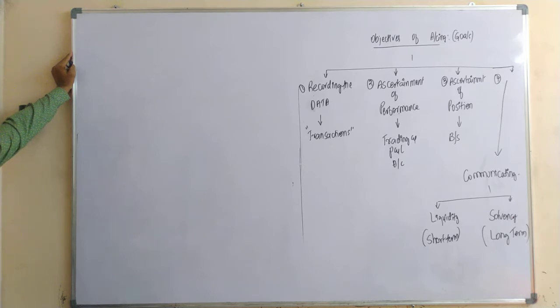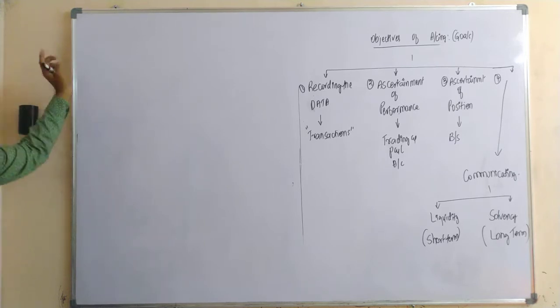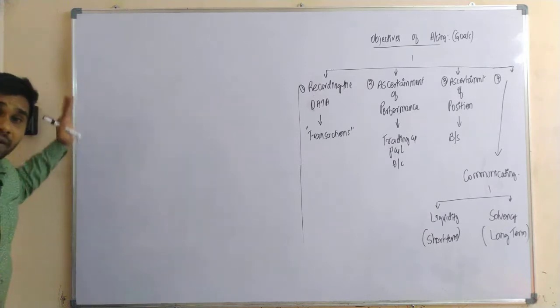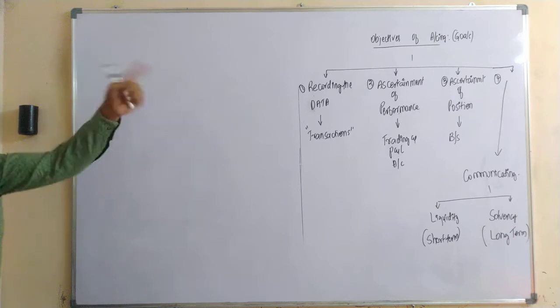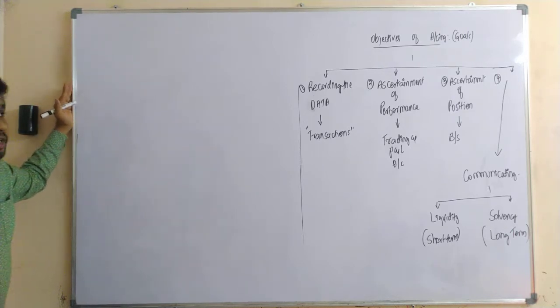The third objective is ascertainment of position by preparing the balance sheet of the company. And the last objective or goal is communicating the liquidity position and the solvency position to the financial information users. So that is nothing but the objectives of accounting.